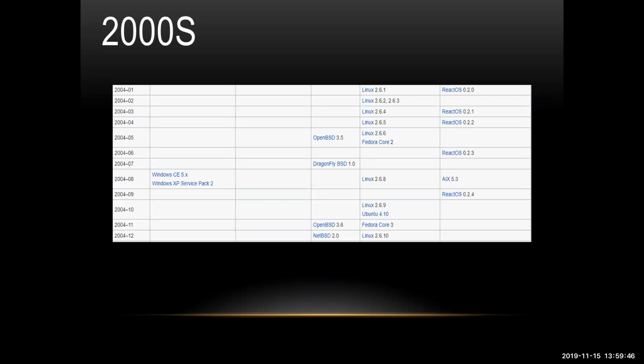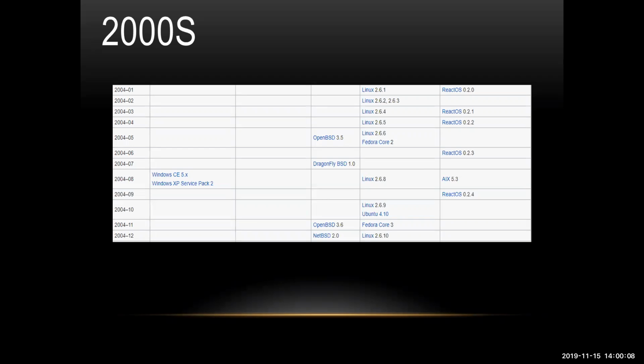And then August, we had Windows CE 5.x and Windows XP Service Pack 2. And then we also had Linux 2.6.8, AIX 5.3. And then September, we had ReactOS 0.2.4.